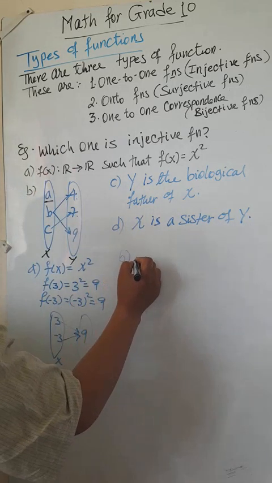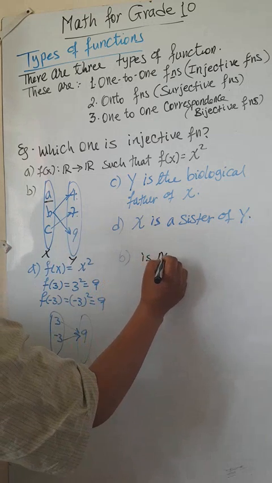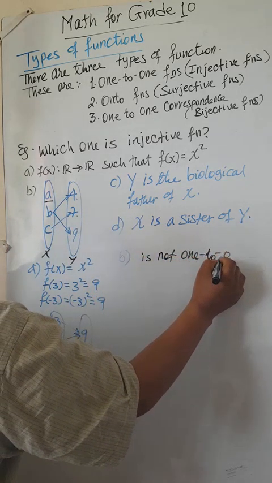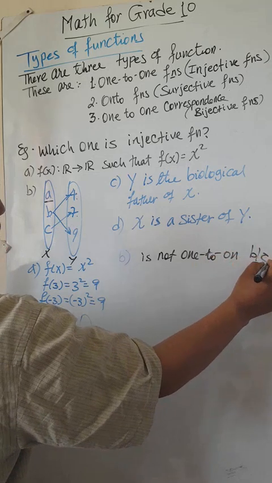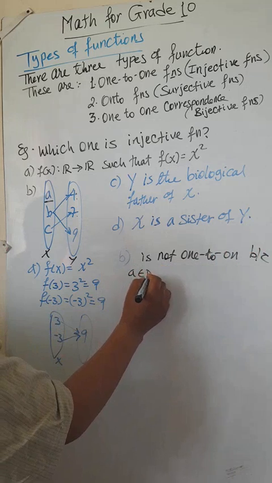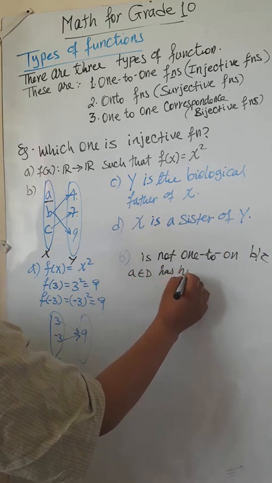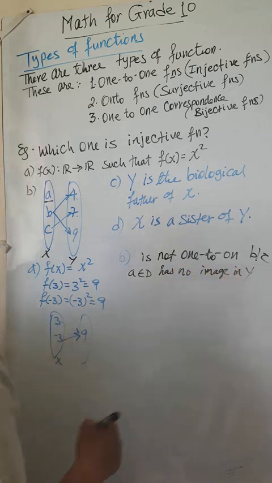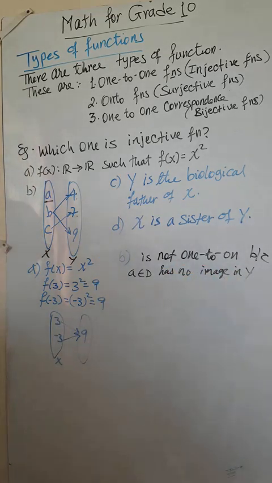So B is not 1-to-1, because A, which is an element of the domain, has no image in the range. It has no image, so it's not a 1-to-1 function. Good. Let's see the next one.